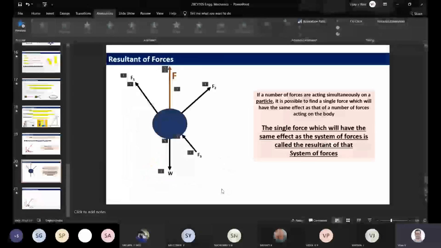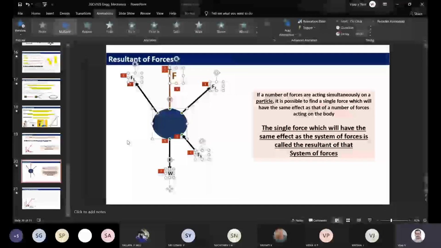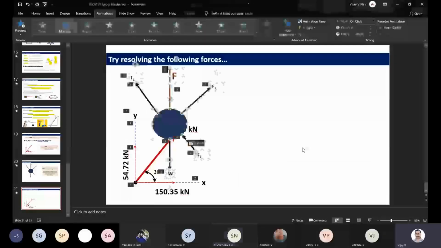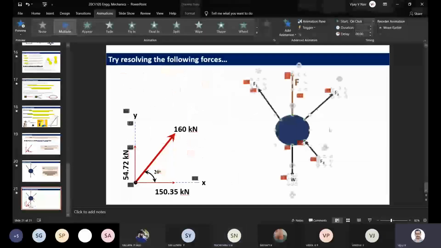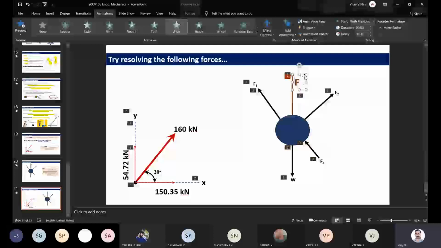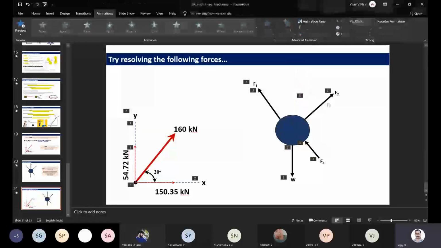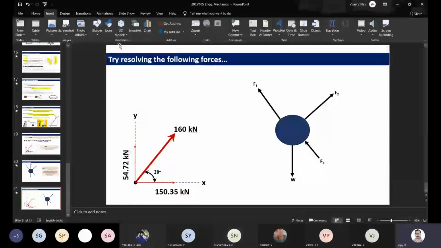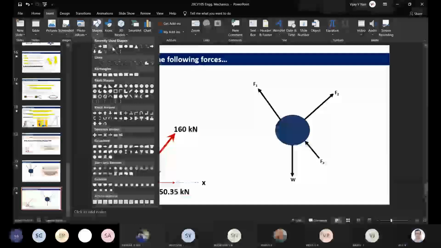So maybe we can try the same system of forces here again. I'll just plot it here. So we have the same system of forces. I'll put it here, and this will be a resultant force. I am removing it. You just find out the resultant force for this. I will just give the angles, the horizontal angles. Just a second.